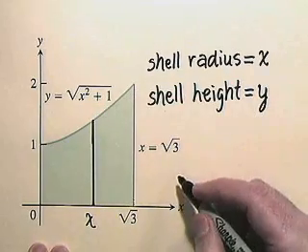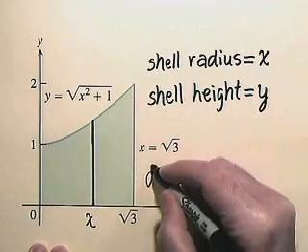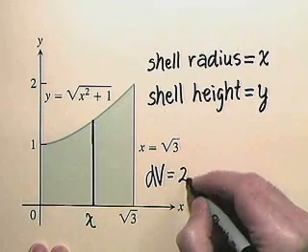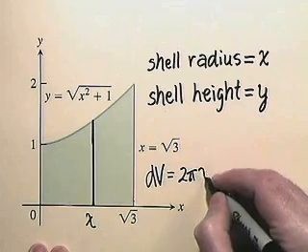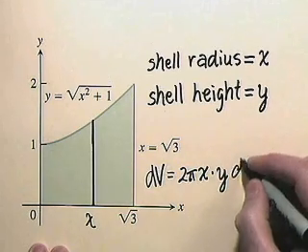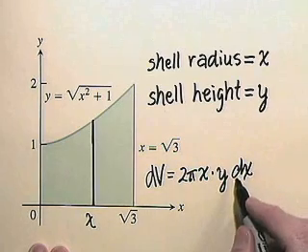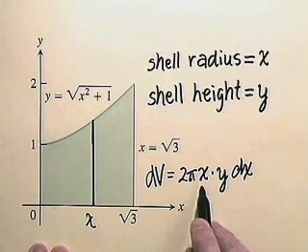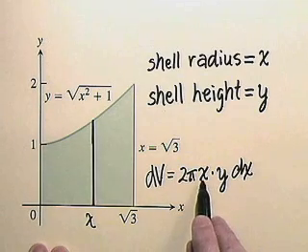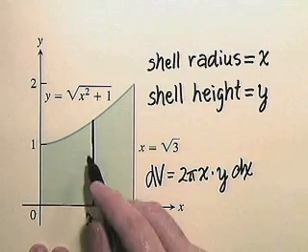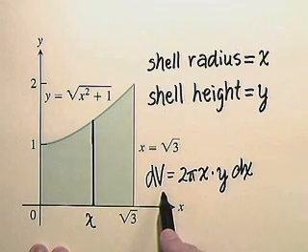And so the little bit of volume dV generated by that cylindrical shell is 2 pi times the radius x multiplied by the height y times dx, which is a little slight thickening of the shell radius. In other words, the thickness of the shell comes from a thickening at x here. And so that generates a little bit of volume.